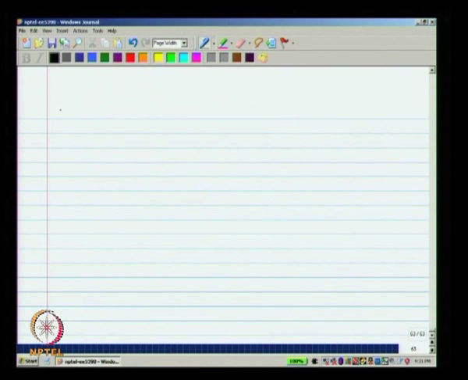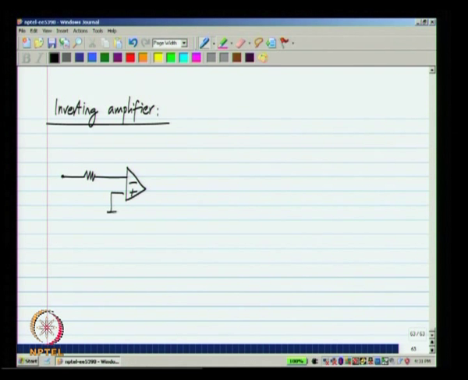Now, let me take an inverting amplifier. Like before, you can put down all the expressions including the relationship between the input voltage of the op amp and the output including the common mode gain, and solve for the output.